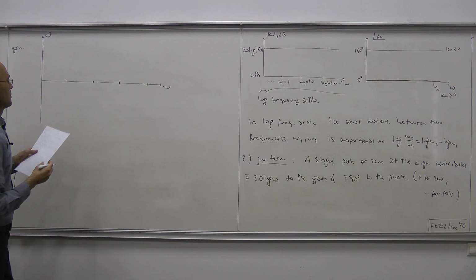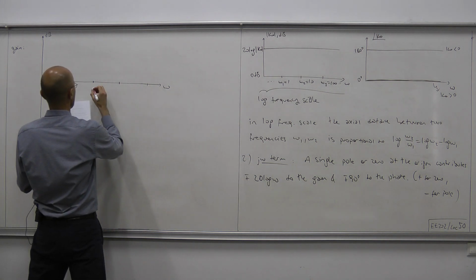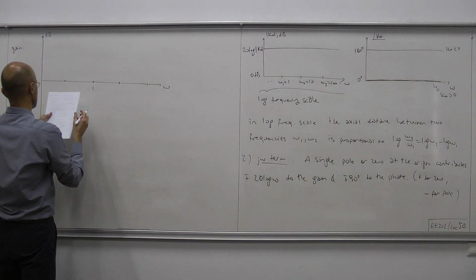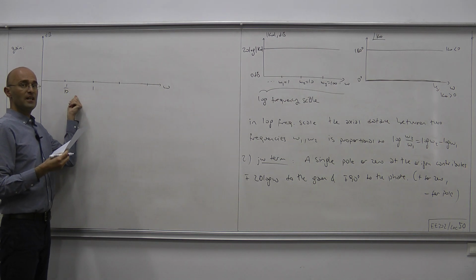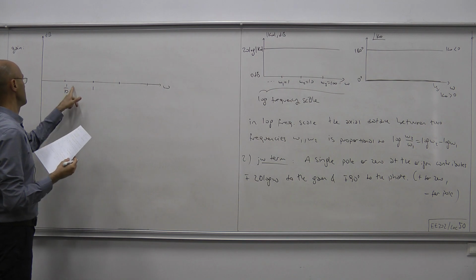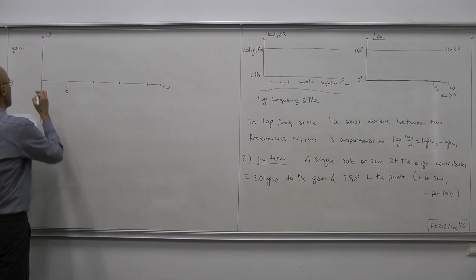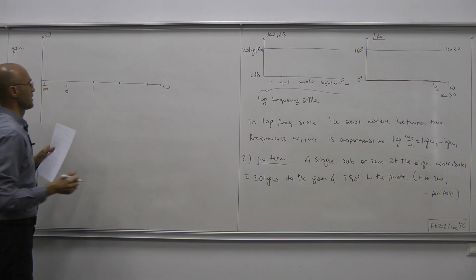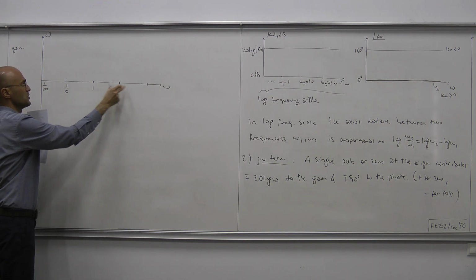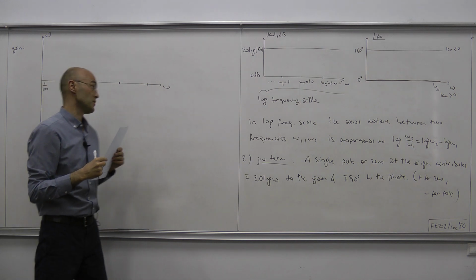Let this be 1 radian per second. We go 10 folds to the left so that it becomes 1 over 10 radians per second. And suppose that this is 1 over 100 radians per second. These are equal distances in log frequency scale.